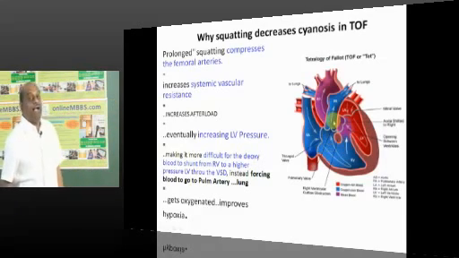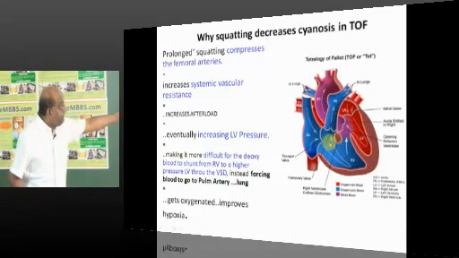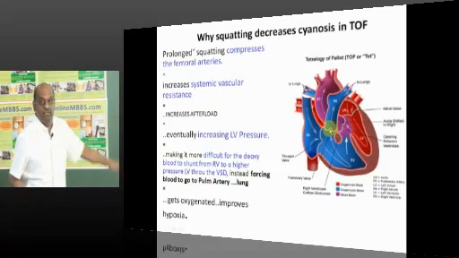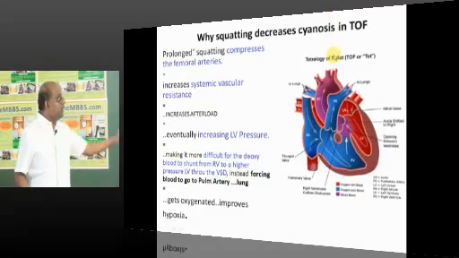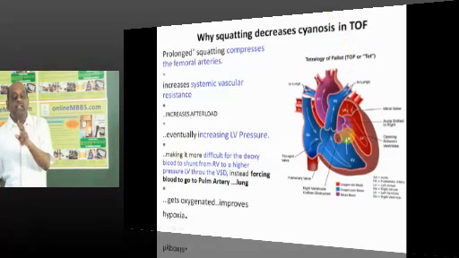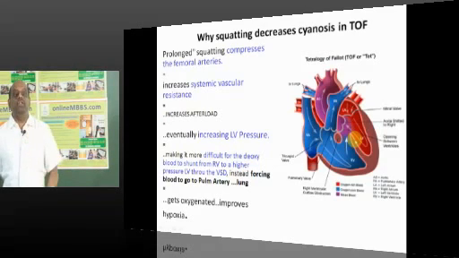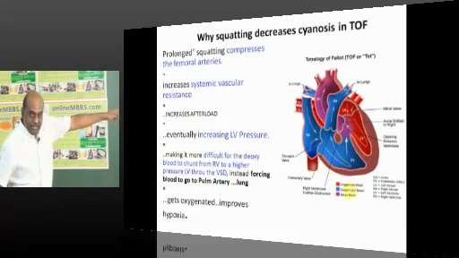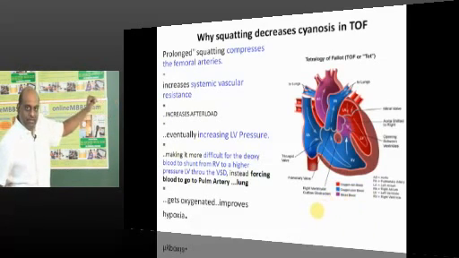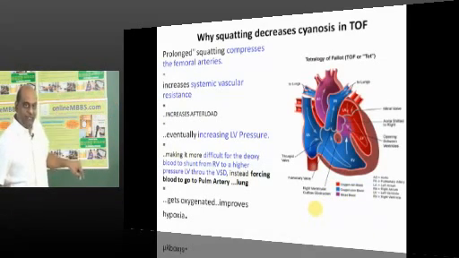There is a pulmonic stenosis, so it can't drain. So what are the other things in tetralogy of Fallot? It is a combination of 4 things. You have one VSD connecting the left and right ventricles.